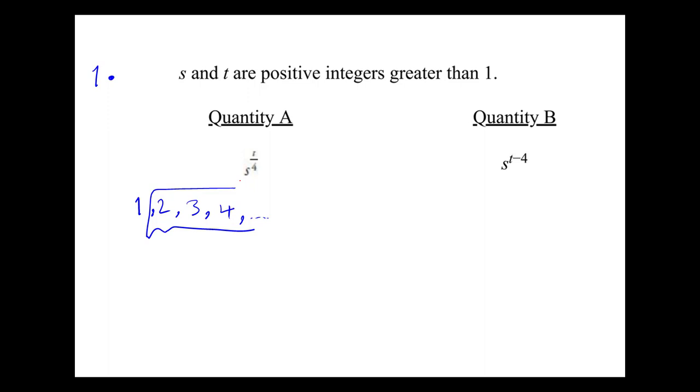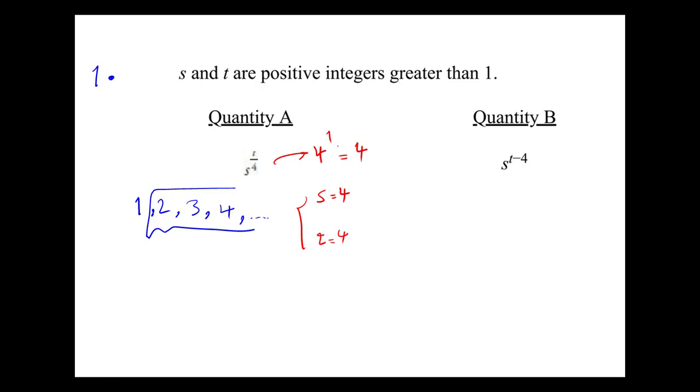The best way is to give numbers for S and T. Here we have 4, so the best thing is to give, for example, S 4 and T 4. Let's suppose that S is 4 and T is 4. S is 4, T is 4. 4 over 4 is 1. 4 to the 1 is again 4.